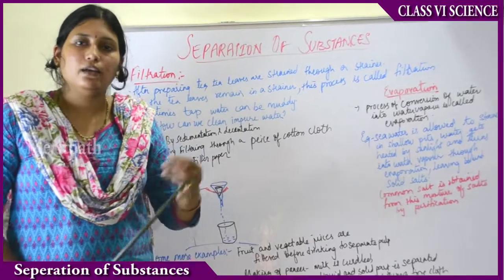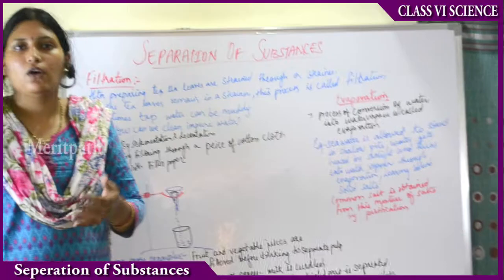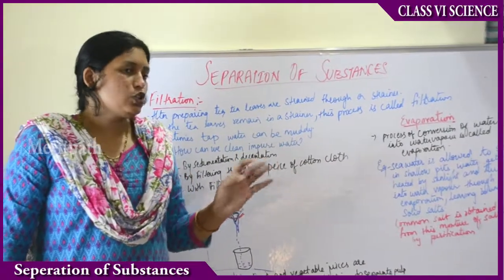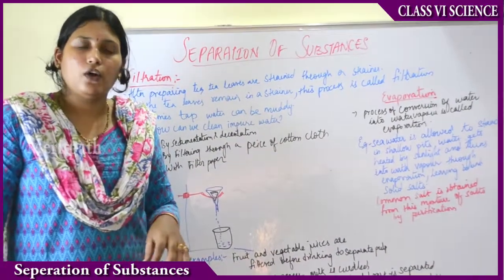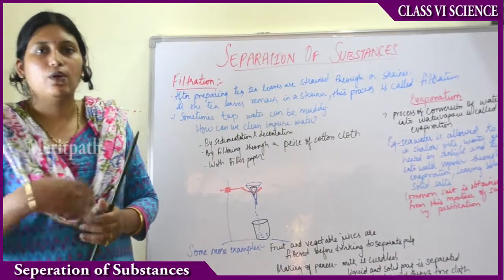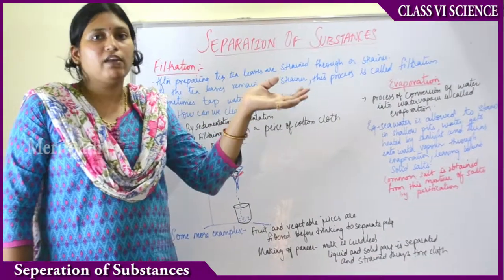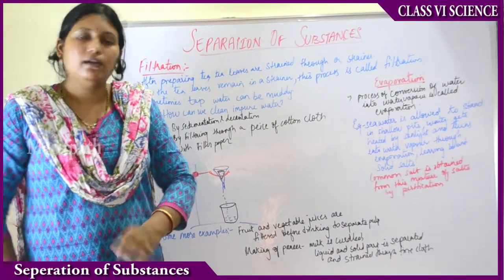Other than that, if we mix salt and water in a beaker or in a pan and boil it on a gas stove, after some time the water will reach the boiling point, 100 degrees centigrade, and all the water will evaporate, leaving the salts behind. Understood, right?